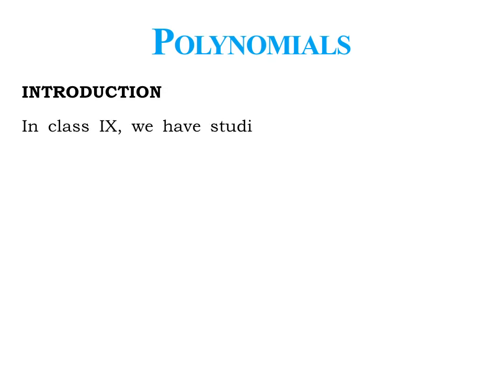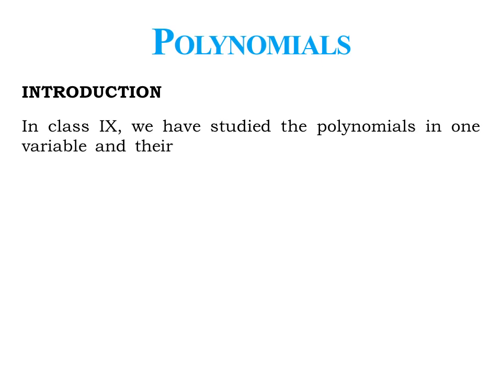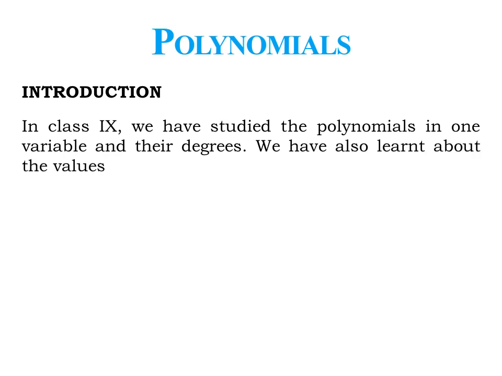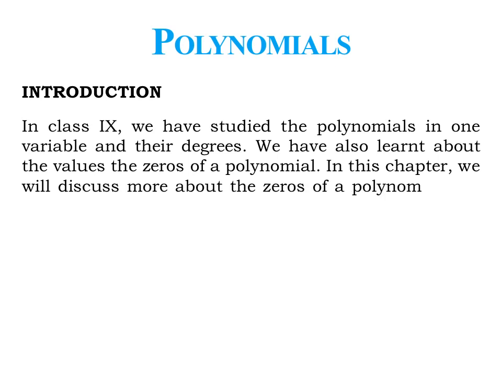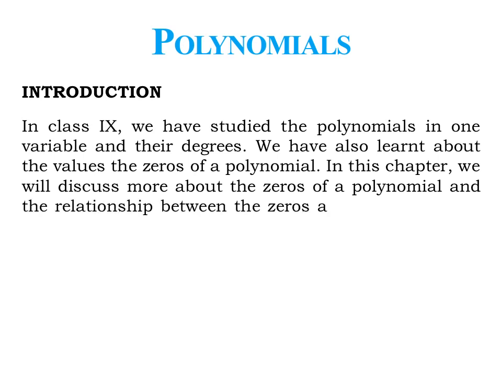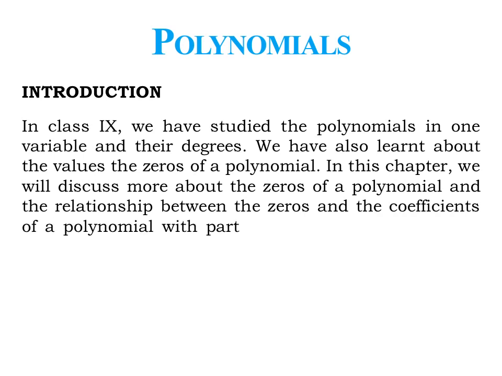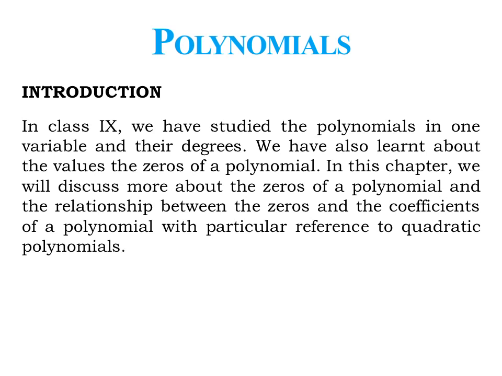In class 9 we have studied polynomials in one variable and their degrees. We have also learned about the values and the zeros of a polynomial. In this chapter, we will discuss more about the zeros of a polynomial and the relationship between the zeros and the coefficients of a polynomial, with particular reference to quadratic polynomials.